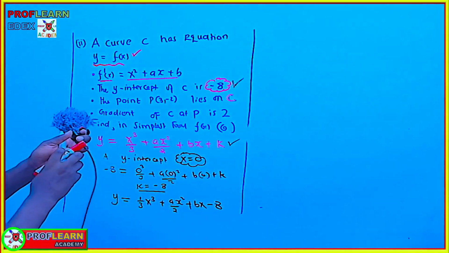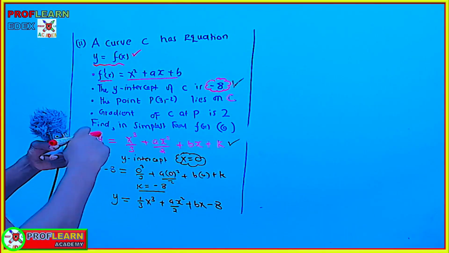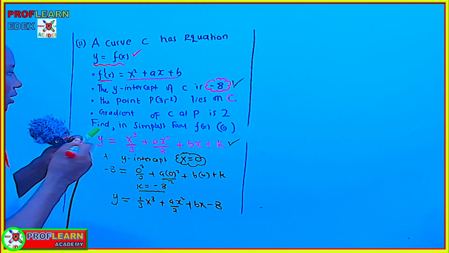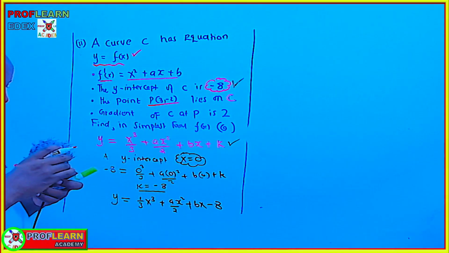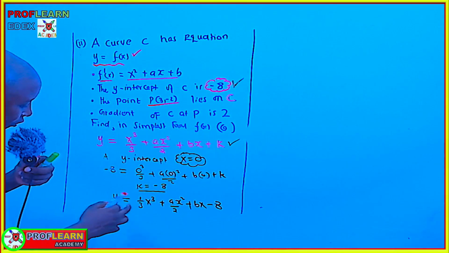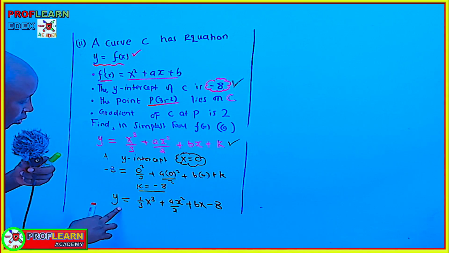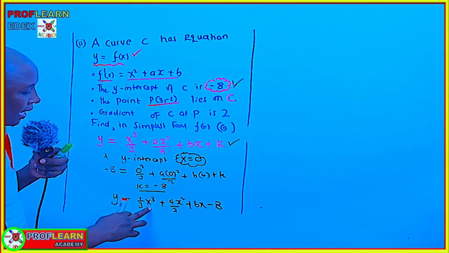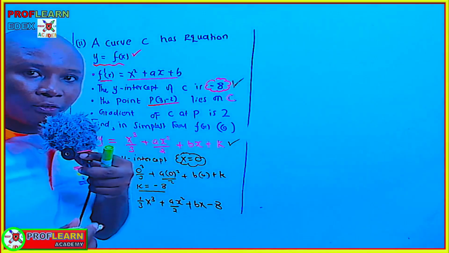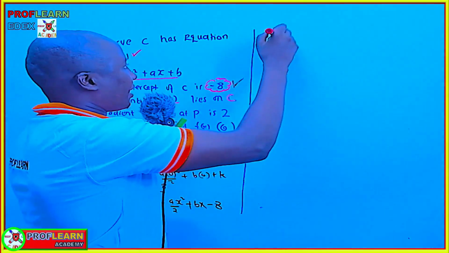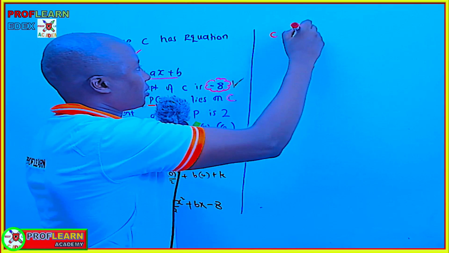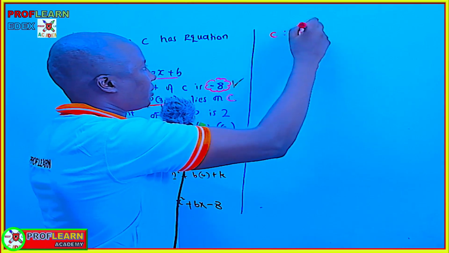The curve passes through a point P, which is (3, -2). What does that mean? If we substitute y is -2 and x is 3, we are going to form a linear equation.